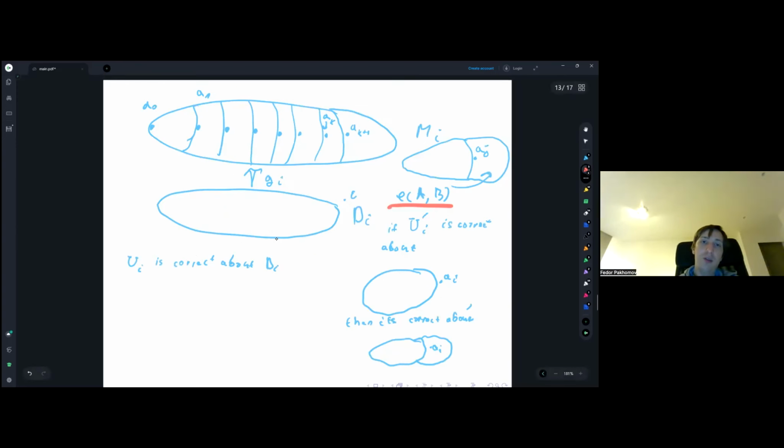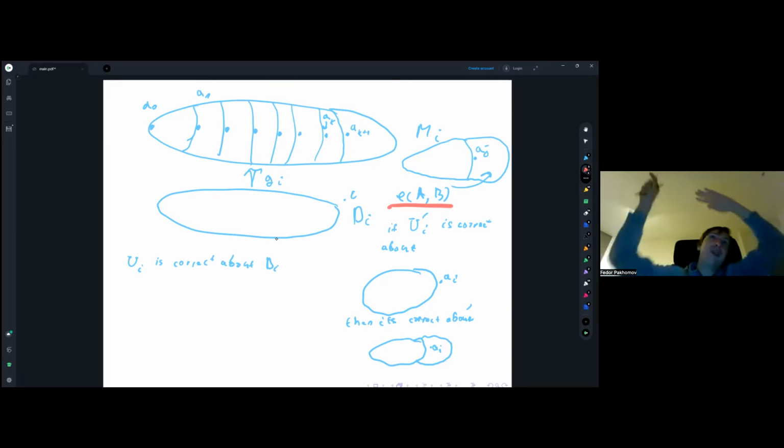What actually needs to be shown is that eventually the first layer will stabilize. So at some point, when we choose some A0, it will no longer be shredded at any point. At some point A0 will stabilize, and this layer will always be preserved and never be shredded. Then we show that after A0 has stabilized, eventually A1 will stabilize, and this second layer will never be shredded, and so on.